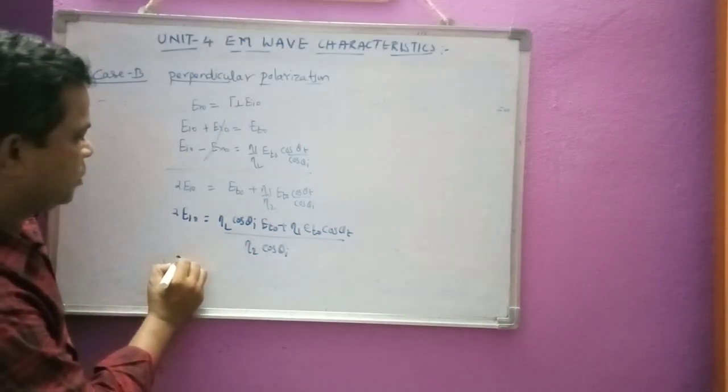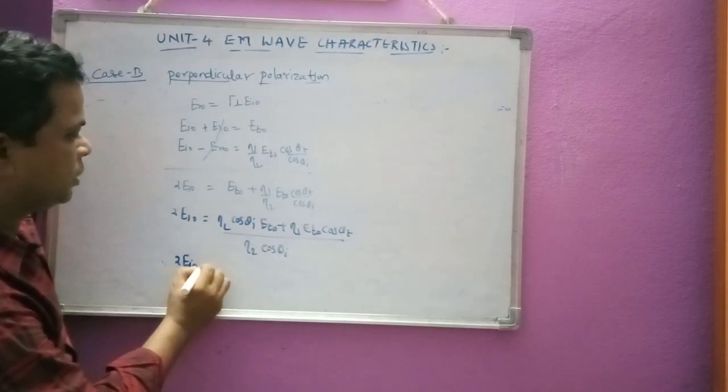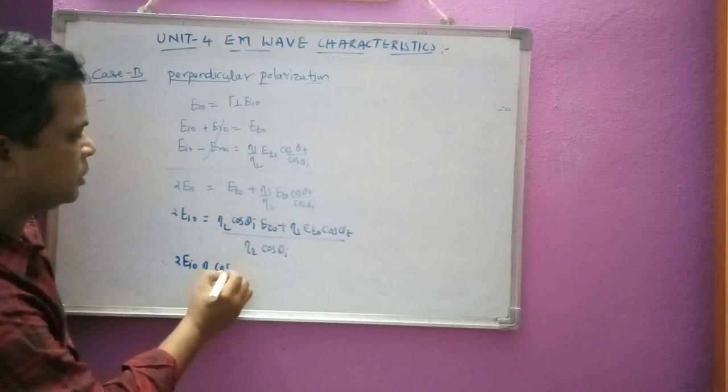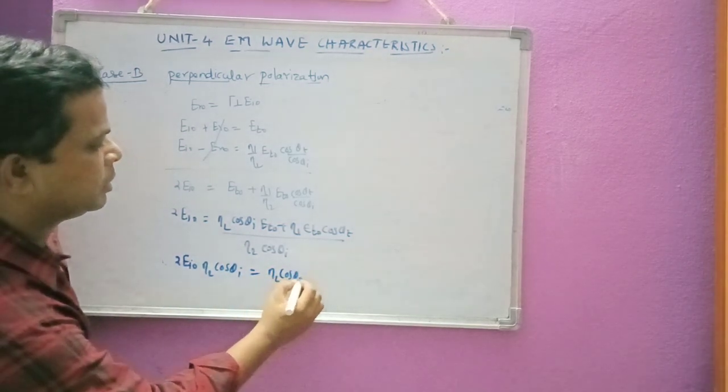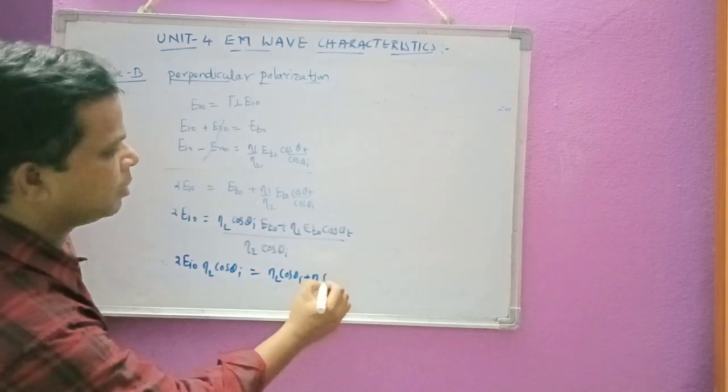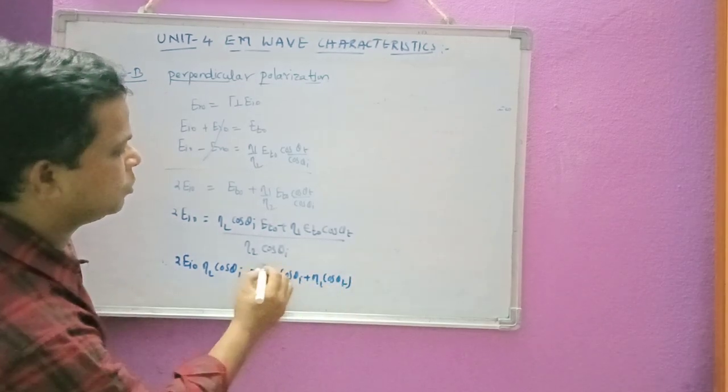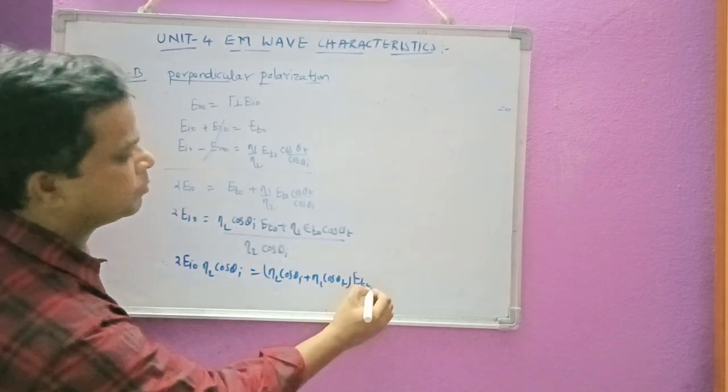What I get here is 2 into EI0 into eta2 cos theta I is equal to eta2 cos theta I plus eta1 cos theta t into ET0.